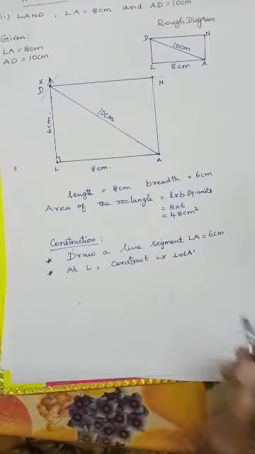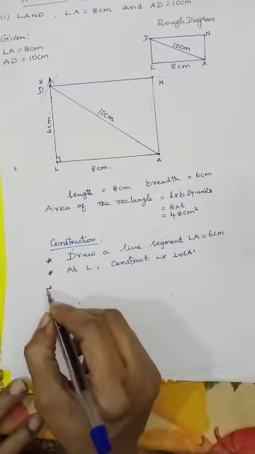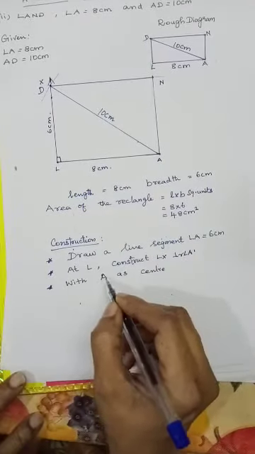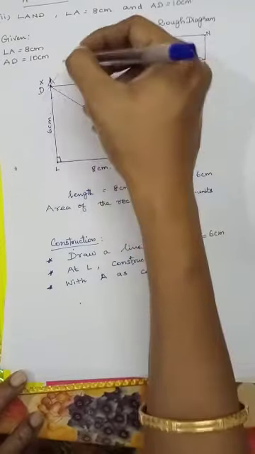Okay, perpendicular to LA. Then the third point, A as center. With A as center, we have drawn an arc.